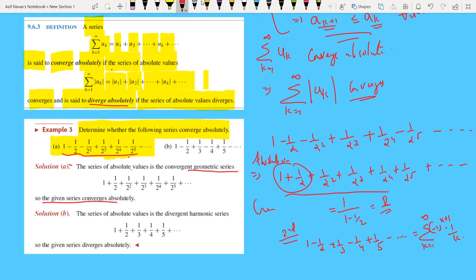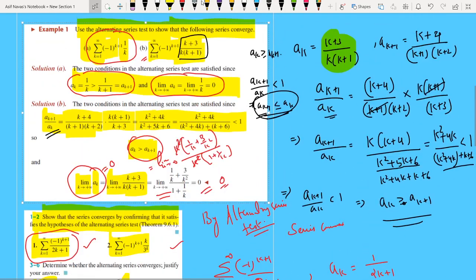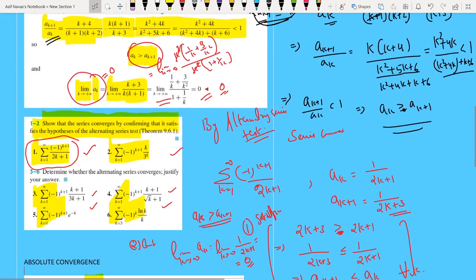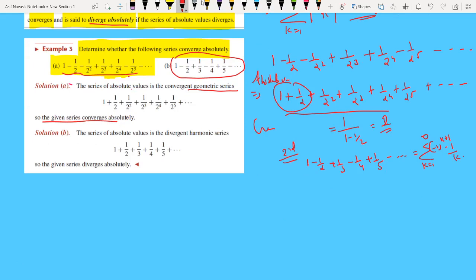We already showed that this series is convergent by the alternating series test. But is it absolutely convergent? That is my question.